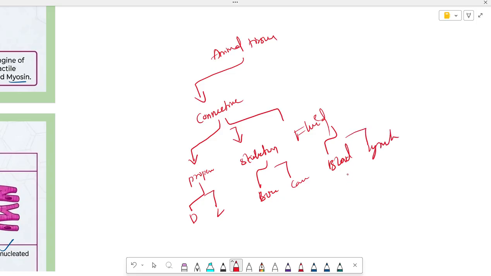Blood contains RBC, WBC, and platelets, and lymph contains only WBC. This is what we have completed today.